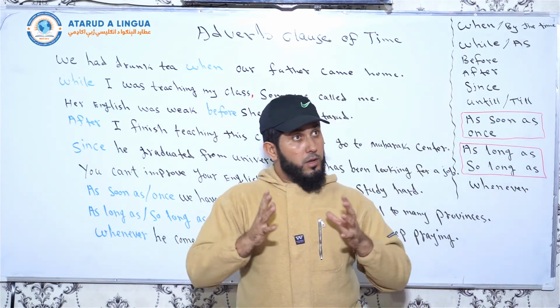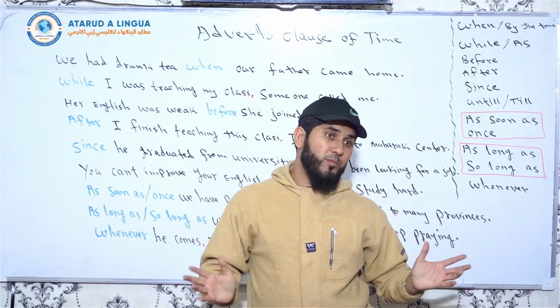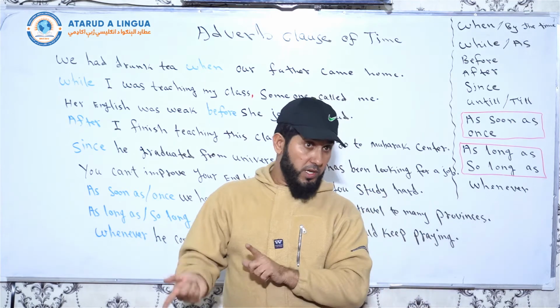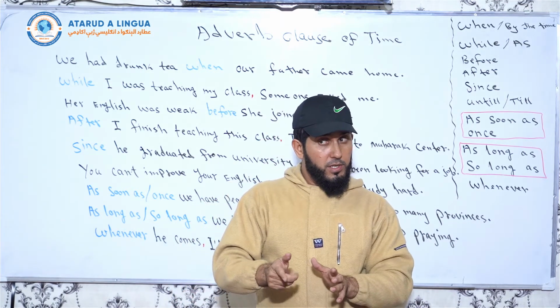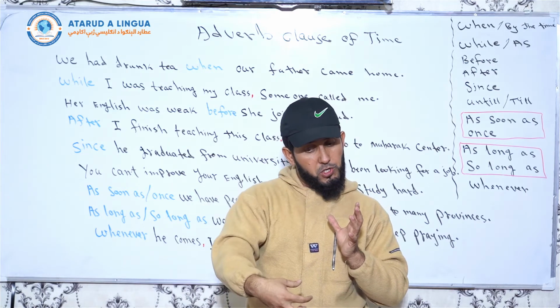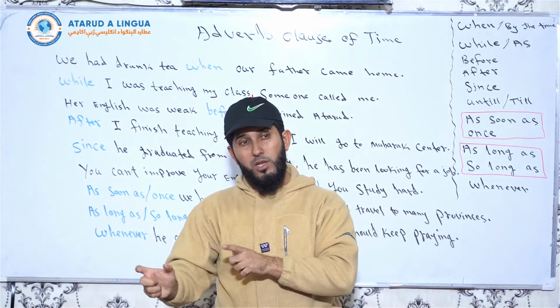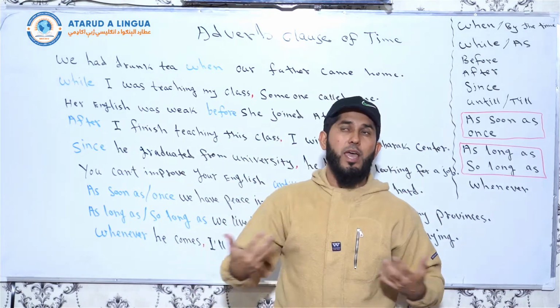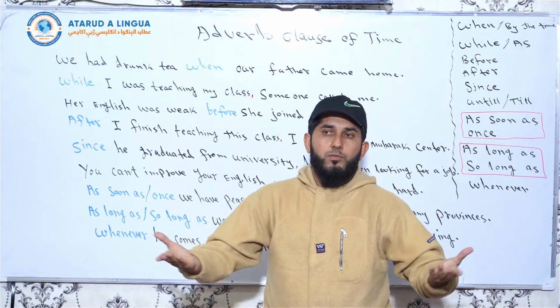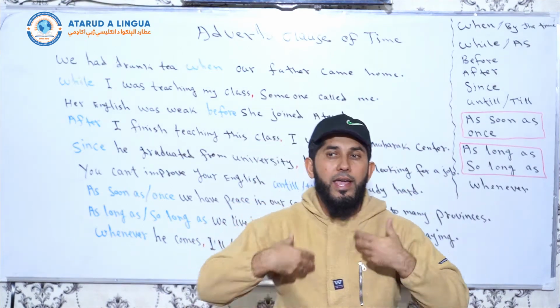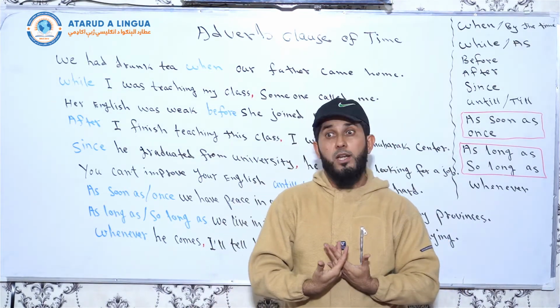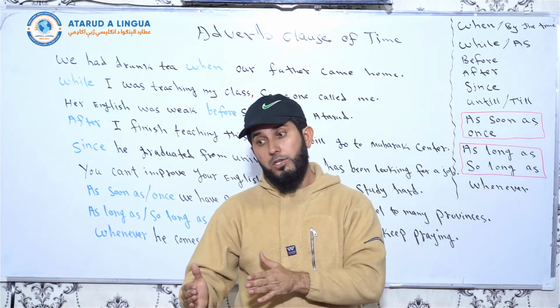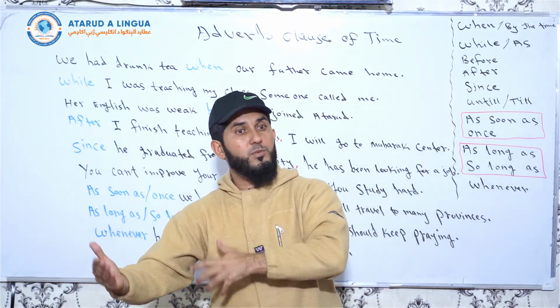So, for example, something will not happen because of something else, but if whatever we mention in the adverb clause happens, then something in the previous clause could happen. So you cannot improve your English until you study hard. Okay, the action of improving your English will not take place until the action of studying hard takes place first.